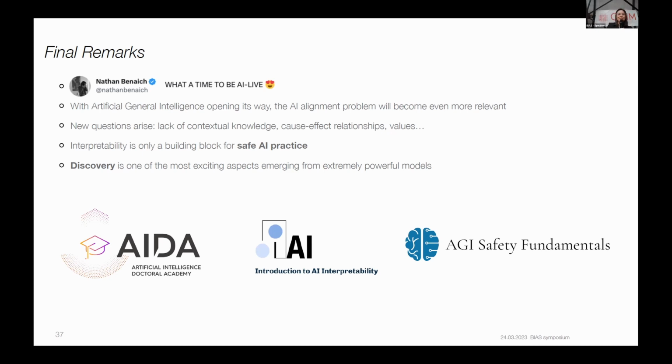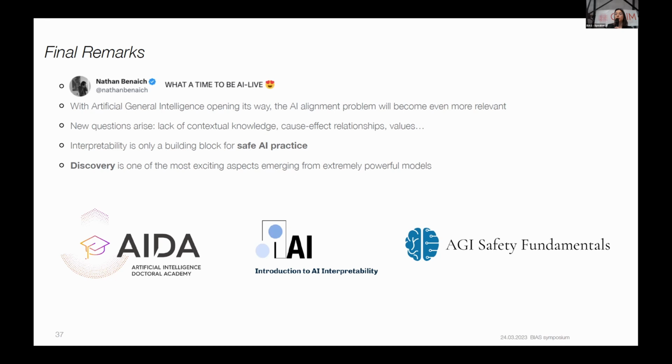So I think all of this, also if you consider the coming in of artificial general intelligence and all the discussions going on these days, interpretability as part of the AI alignment is becoming more and more relevant, and there are new questions that are arising. So we're not really saturating the field.